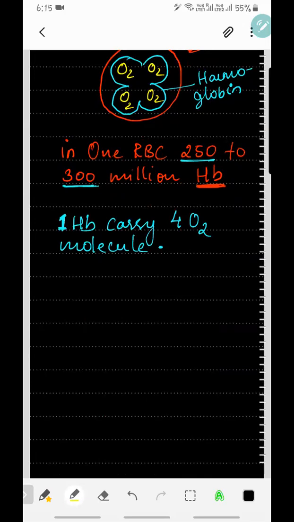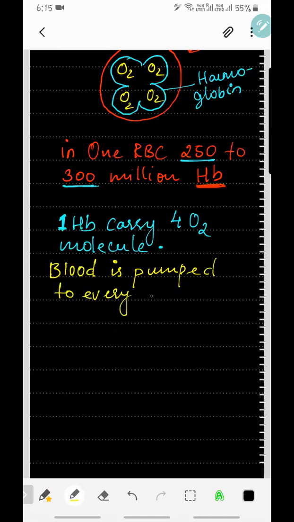Now, blood is pumped to every part of the animal's body.